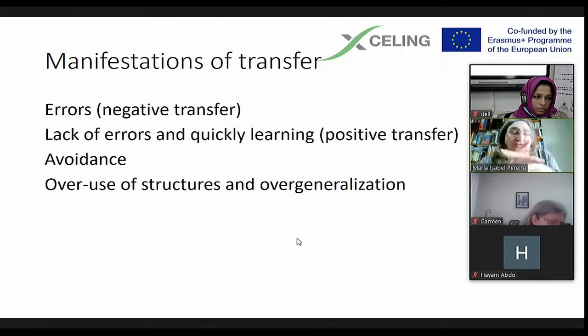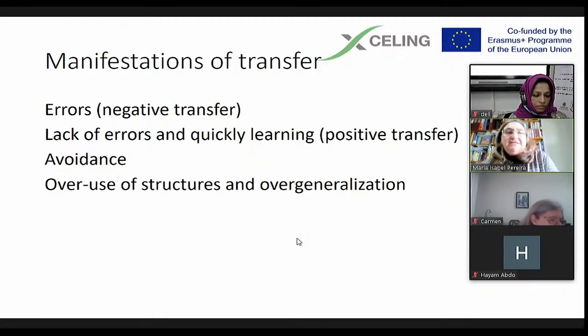If they don't know, they don't use it, of course. We can just talk about avoidance when we are aware that the learner knows something of the structure, but the learner is also aware that he or she doesn't know enough to use the structure.